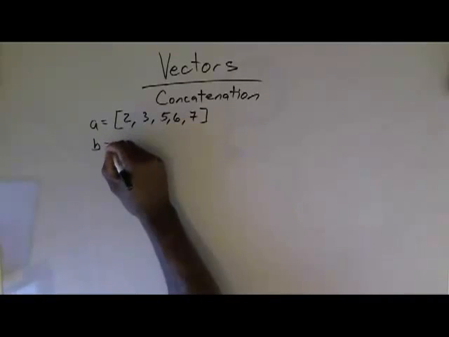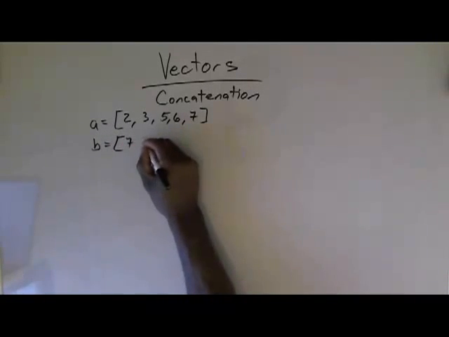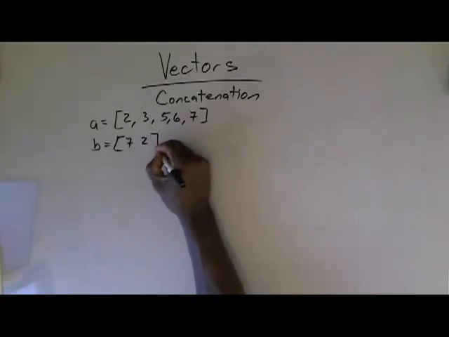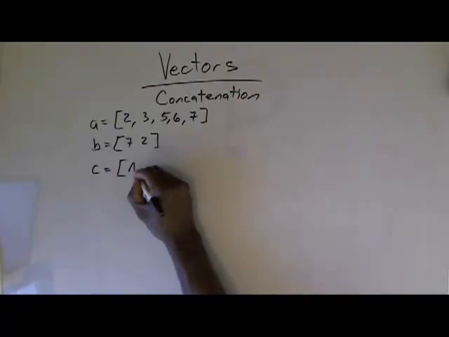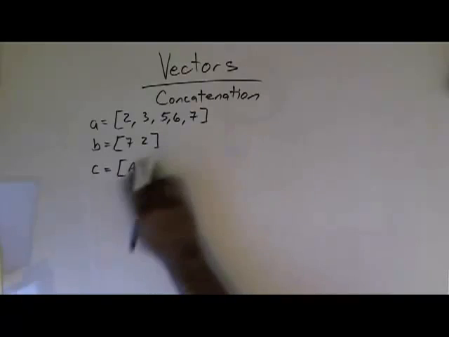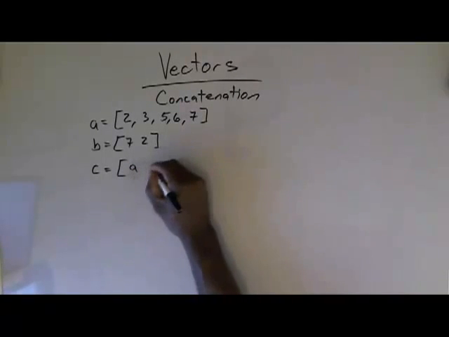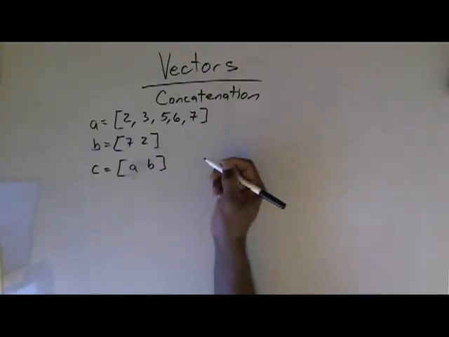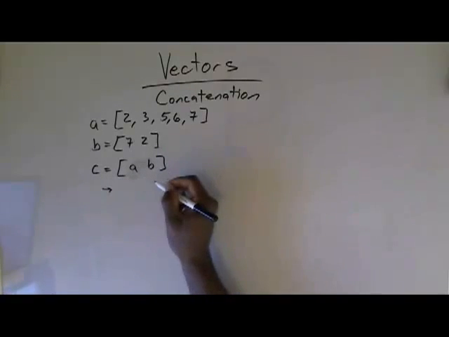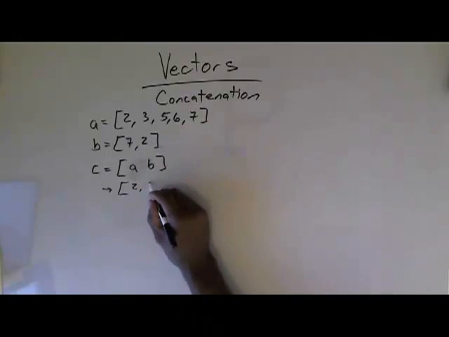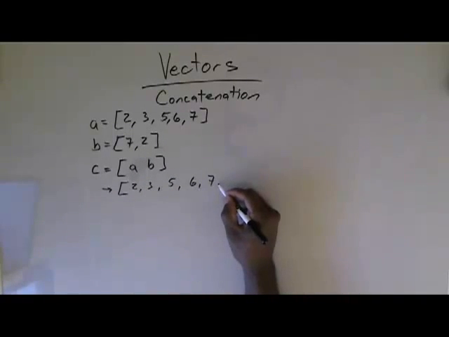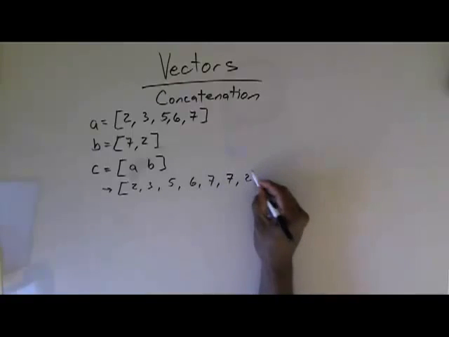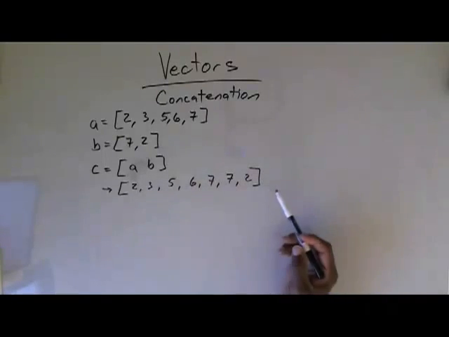If vector B equals 7, 2, then if I do C equals the vector of A concatenated with B, then C is going to wind up being 2, 3, 5, 6, 7, 7, 2. Basically, I just took these two vectors and stuck them together.